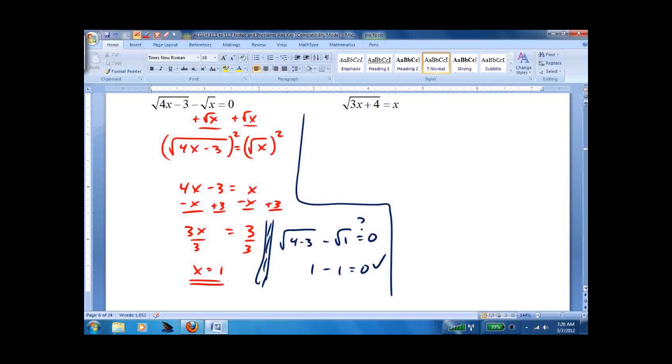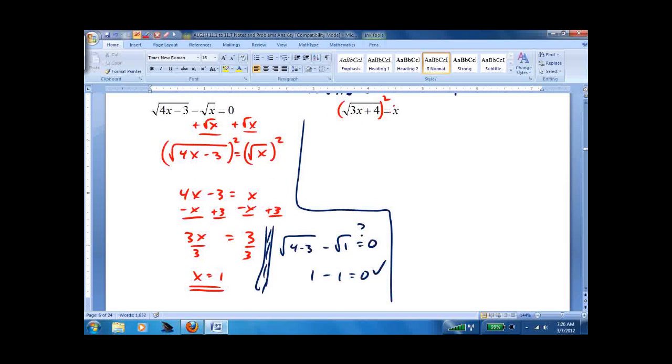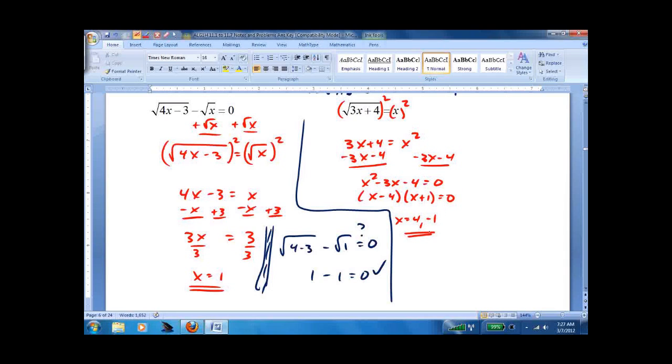Square both sides. Since it's a quadratic, set it equal to 0. For -1. You know the -1's not going to work. Let's write that one up first.